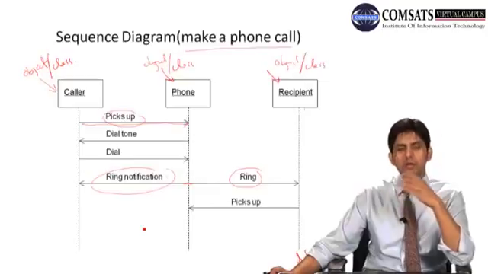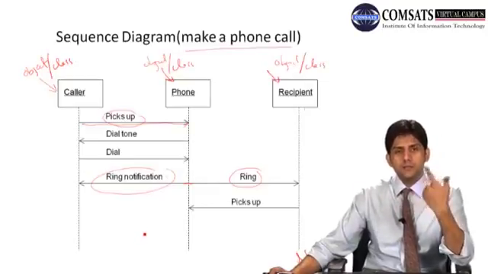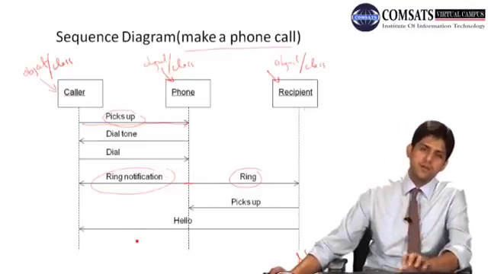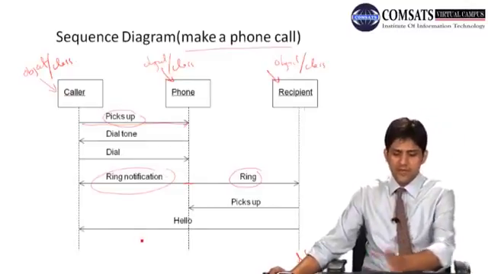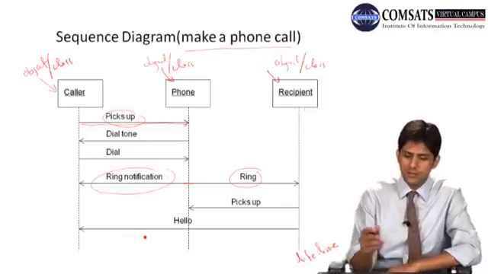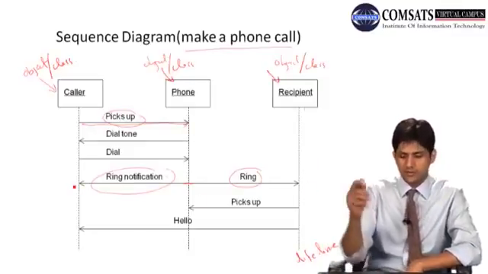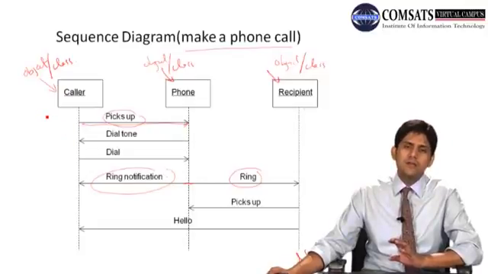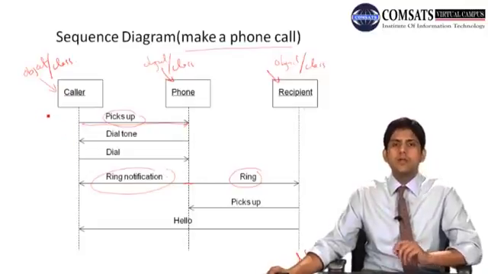And then, as soon as the recipient picks up the phone, there is a message from the recipient to the phone, and you are in direct communication with the recipient, who says hello to you or whatever. So this is again a very simple example, and you can do it from your real life. You can take small examples.